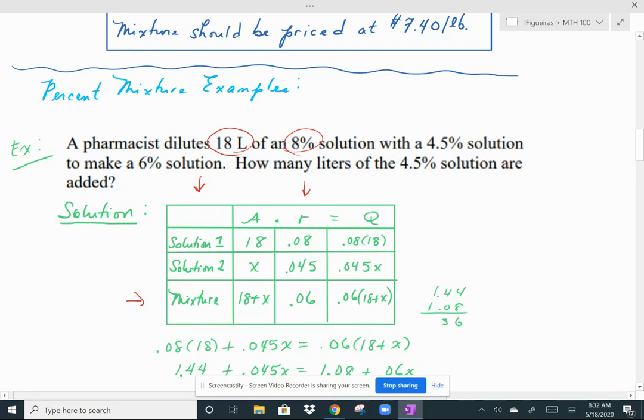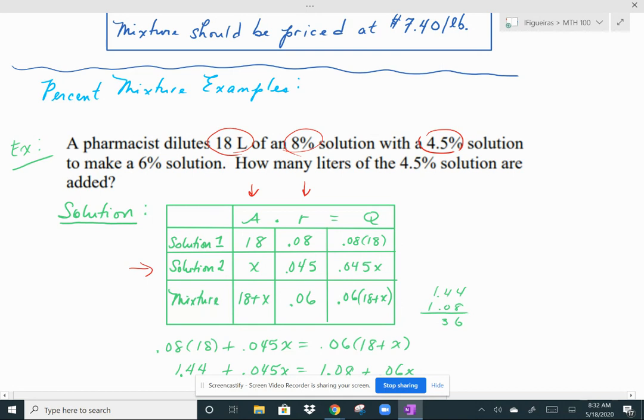You want to convert it to a decimal by moving the decimal point 2 positions to the left. And the amount goes in the first column, that's your 18. And that gets combined with a 4.5% solution, but you don't know how much of that there is. It's not given. So in the second row here, you write that you have X amount. The percentage is written as 0.045.